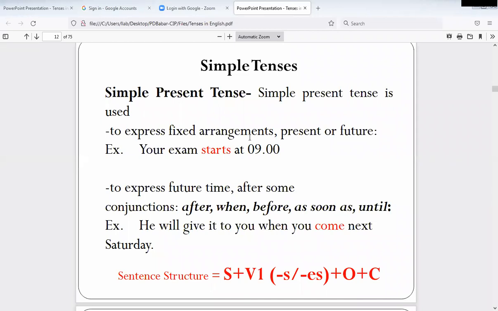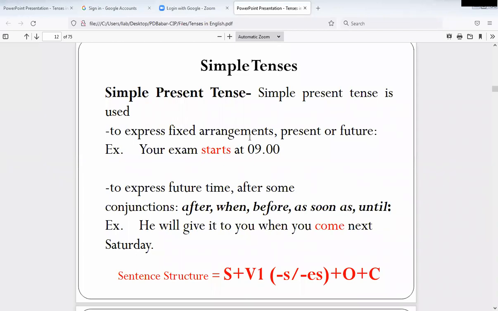You will get full marks. If one of your teachers is telling you that you will get full marks when you come regularly to the lectures, then in this sentence, that instructor has told you that you will get full marks, but when you come regularly to the lectures, or you attend regular lectures.